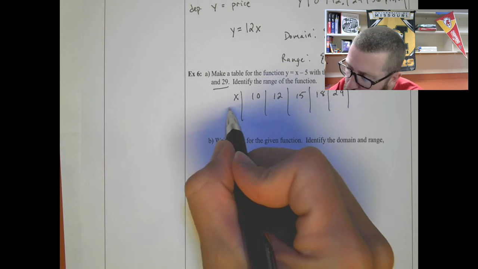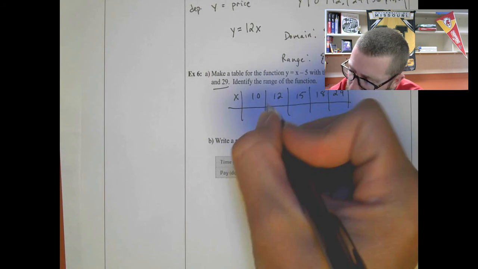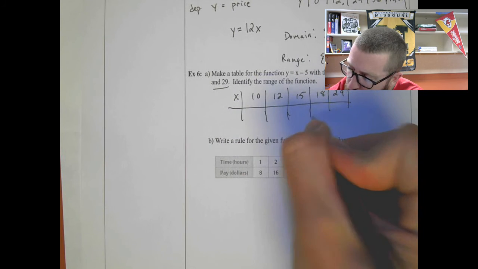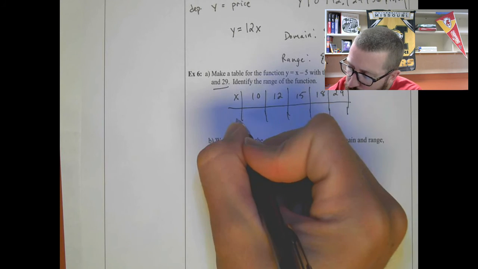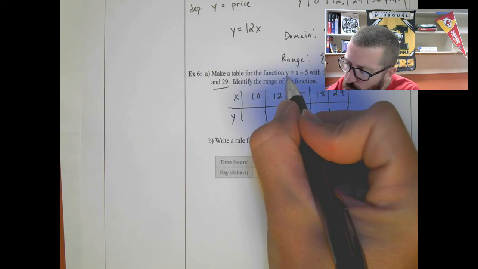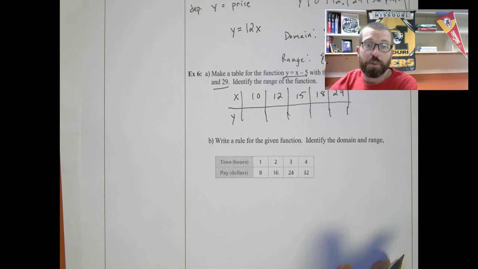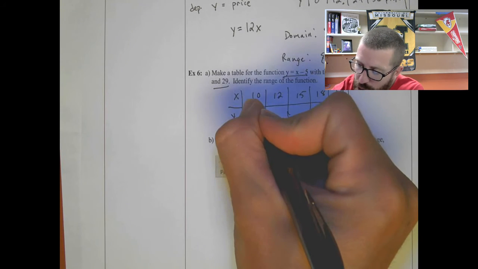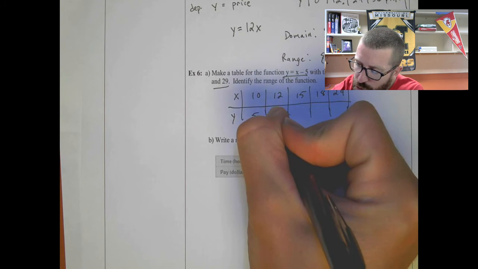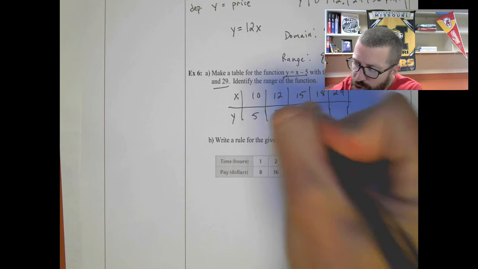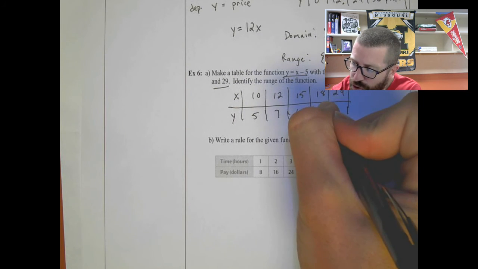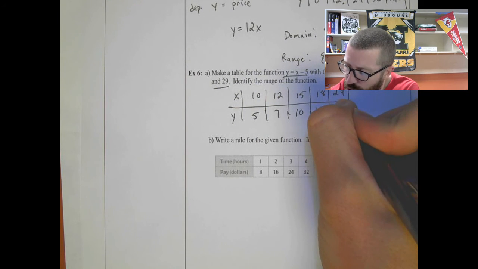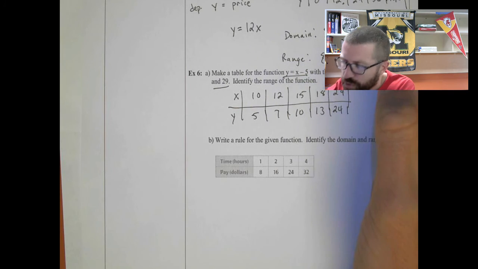And if you want to do your tables vertical, you can, although I didn't leave you as much room. And then our y, we're doing x minus 5. And so I'm going to take my x value and subtract 5. So 10 minus 5 is 5. 12 minus 5 is 7. 15 minus 5 is 10. 18 minus 5 is 13. And 29 minus 5 is 24.